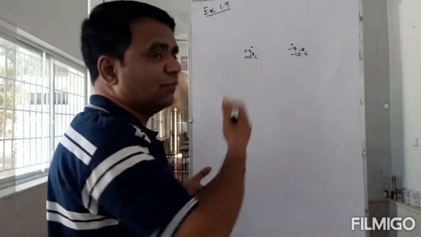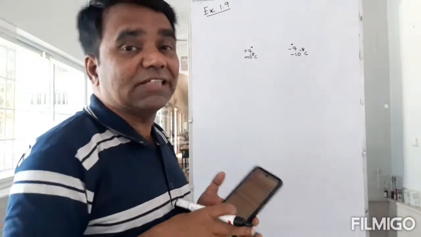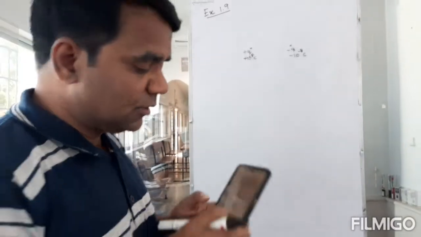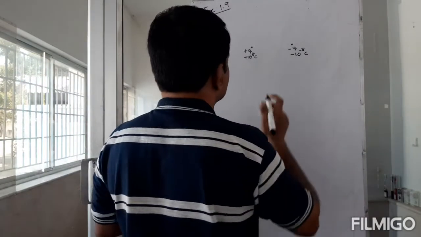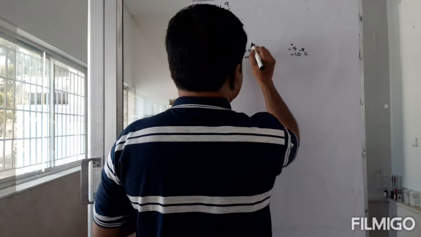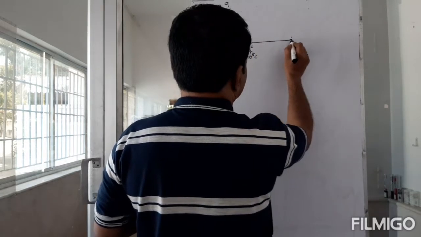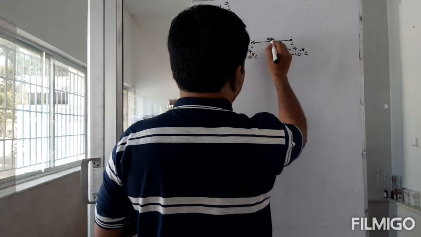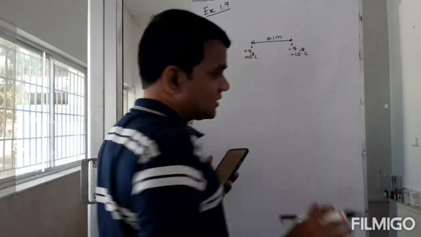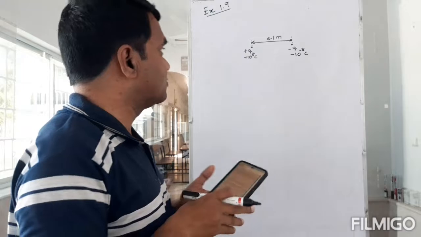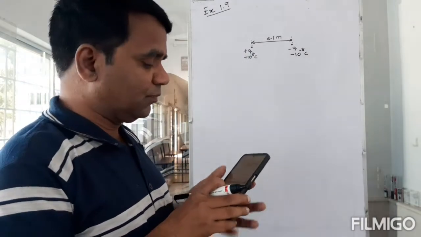So you can expect a force of attraction between the 2 charges, but that is not what we are interested in right now. Okay, so let's see. Now, they are separated by a distance of 0.1 meter. So that's about 10 centimeters. That's the separation between the 2 charges.